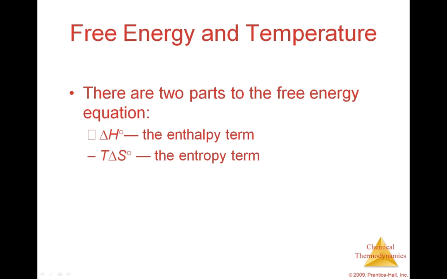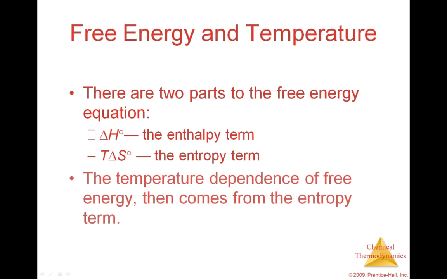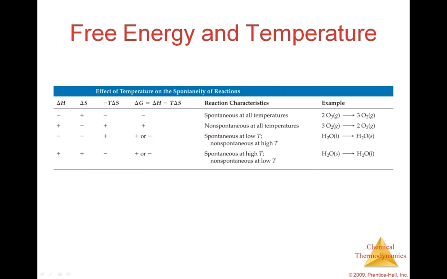So we need to come to terms with the fact that a reaction can be controlled by either enthalpy or entropy. Since only one of those terms actually has temperature assigned to it, the entropy term, then generally entropy is going to be what controls whether or not a reaction is spontaneous at a specific temperature.